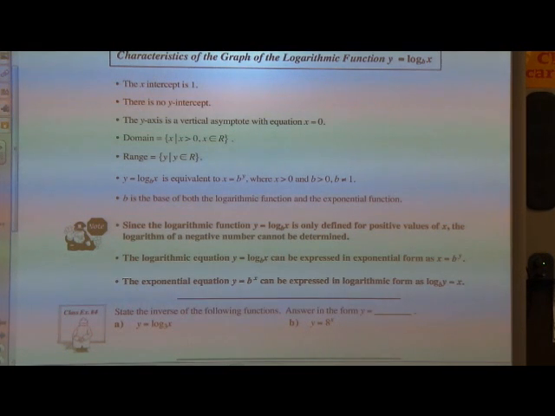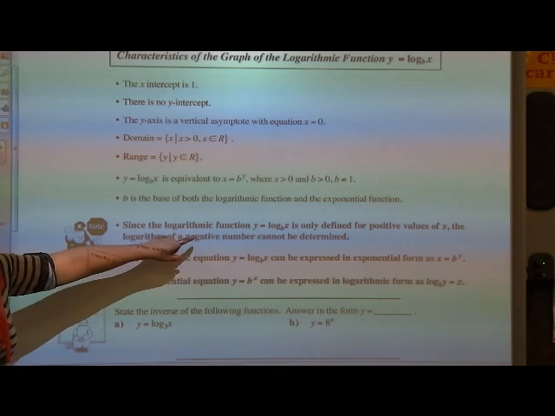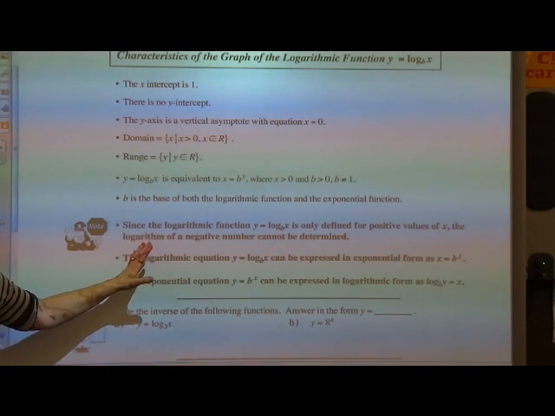Since the logarithmic function is only defined for positive values of x, the logarithm of a negative number cannot be determined. The reason it's only defined for positive values of x is that log is the inverse of our exponential function.